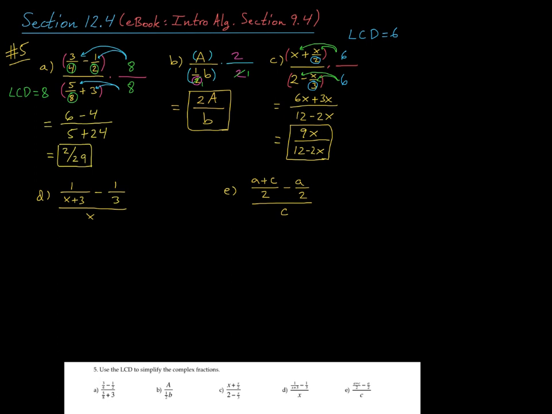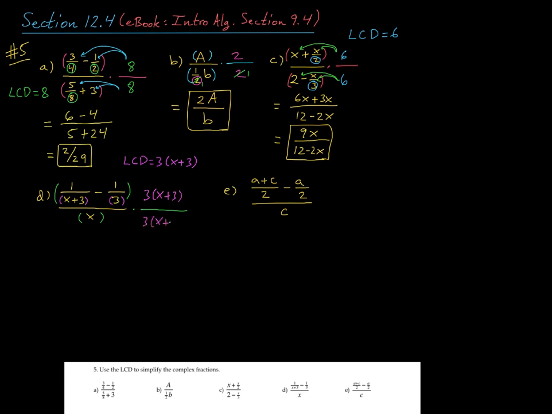All right, and then on to D. Our denominators here are x plus 3 and 3. So our LCD now will be what? We'll need a 3 as well as the x plus 3. So I'm going to multiply this numerator and this denominator by this LCD.